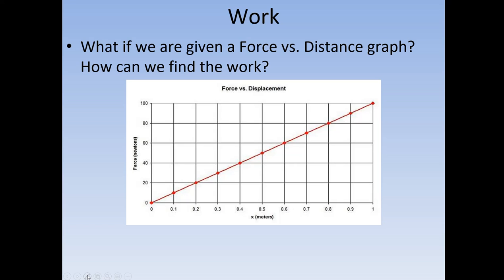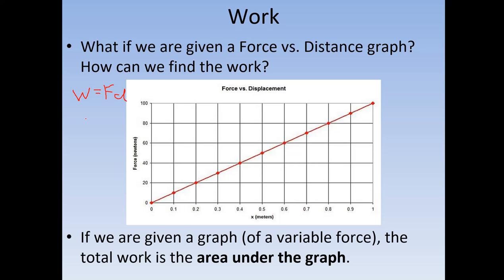Now, the best way to figure this out, you wouldn't use the equation to calculate it, but you would use it to get an idea of what's going on. The equation's force times distance. This is multiplication. If you think about the three things that I talked about, read, slope, and area, of those three choices, only one of them deals with multiplication, and that's area.